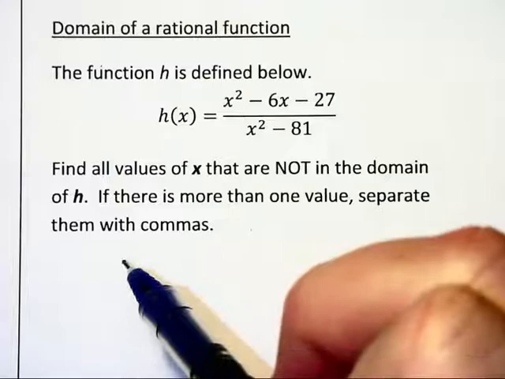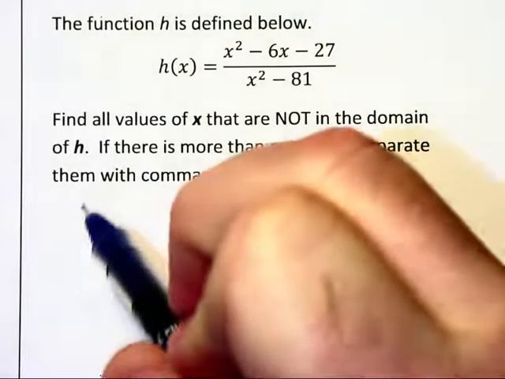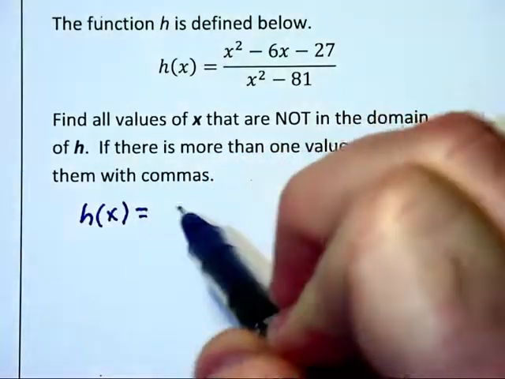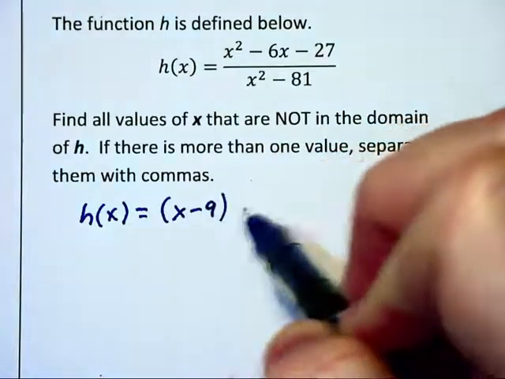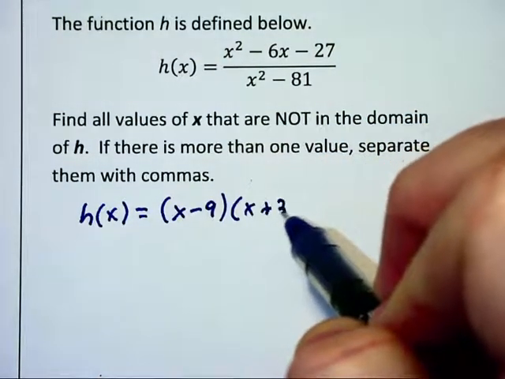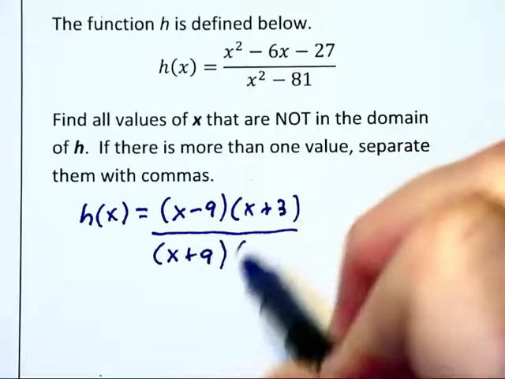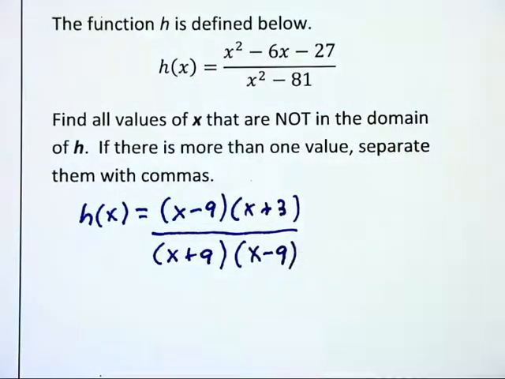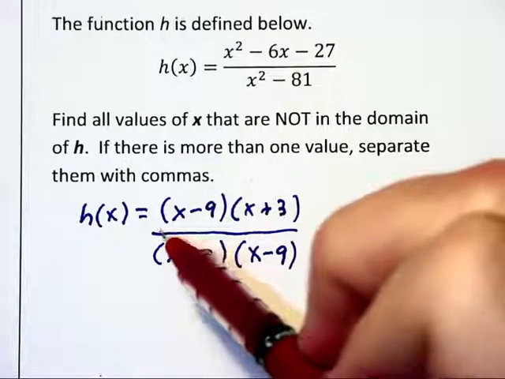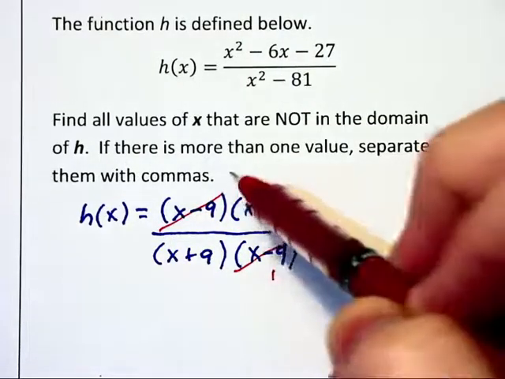Now, if I rewrite this function as h of x is equal to x minus 9 times x plus 3 over x plus 9 times x minus 9, we do see that the x minus 9's will cancel each other out.